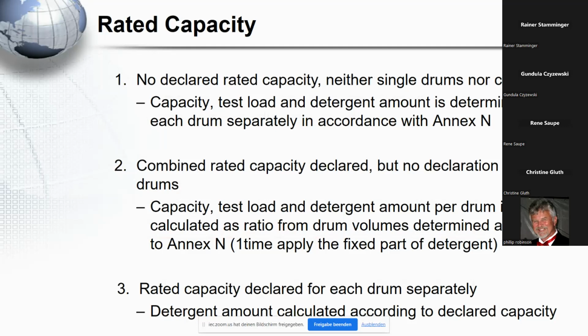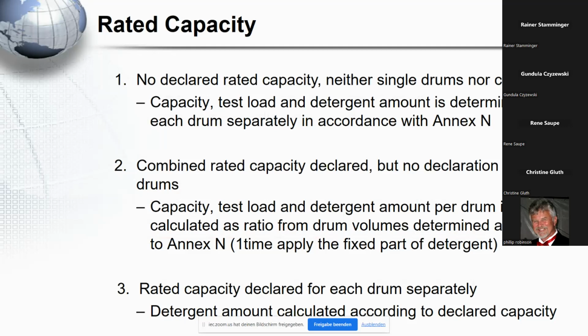A second option would be that the combined rated capacity is declared, but there is no split for the single drum. In this case, we can still measure the drum volume, and we can build a ratio and give the share of the rated capacity to each drum according to the volume ratio.